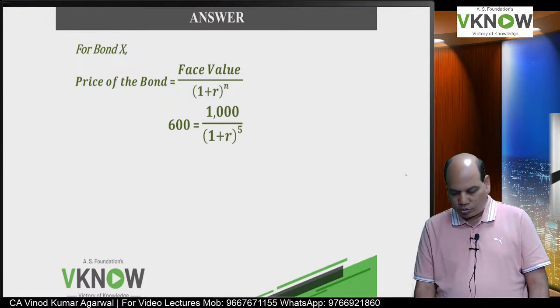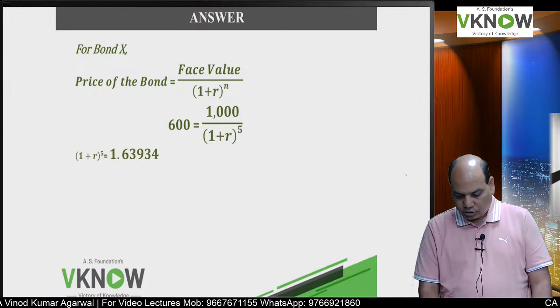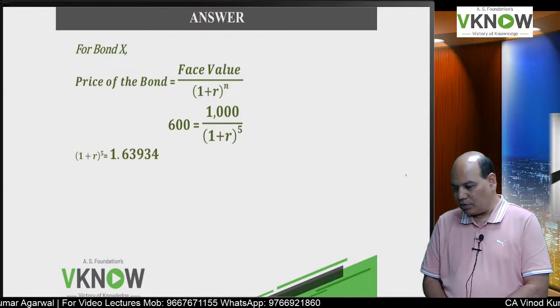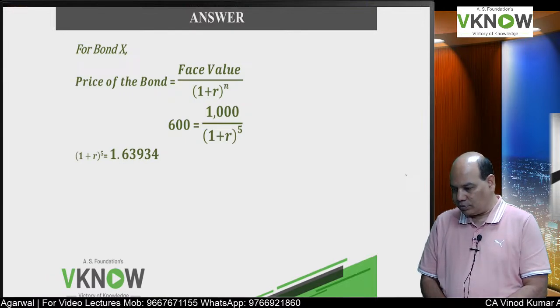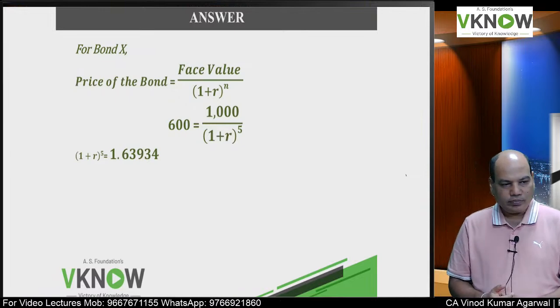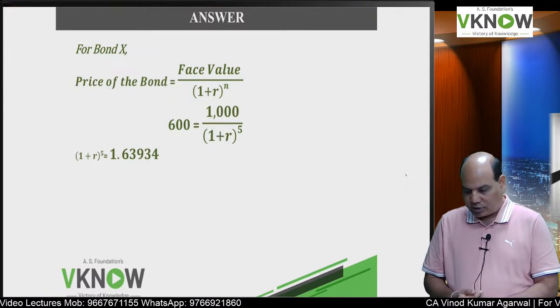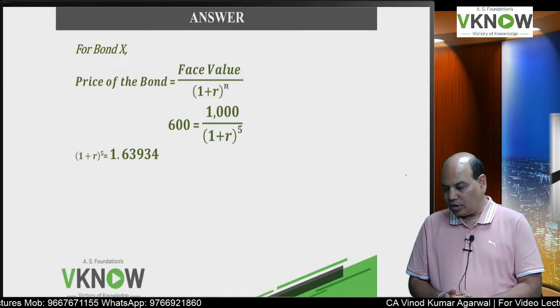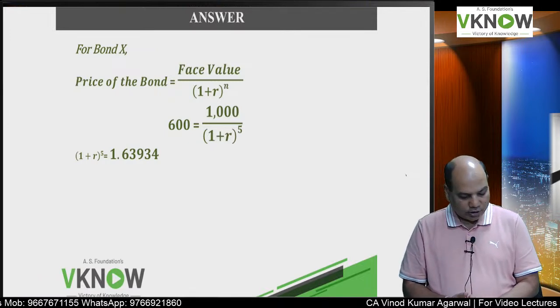So do you know how to solve it? You will have to write like this: 1 plus R to the power 5 is equal to, take on your calculator, 1000 divided by 600. 1000 divided by 600 on the right side will be 1.63934. Is it there?